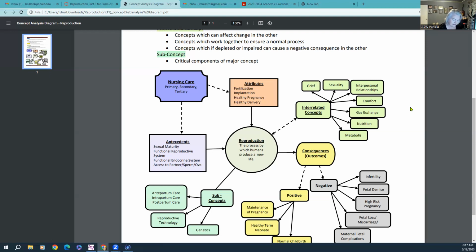And I want you to look at ligaments. So we do have ligaments that hold that uterus in place. The round ligament and fallopian tube or the upper border of that broad ligament.